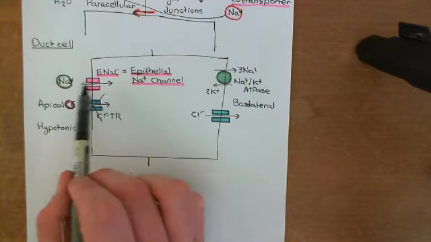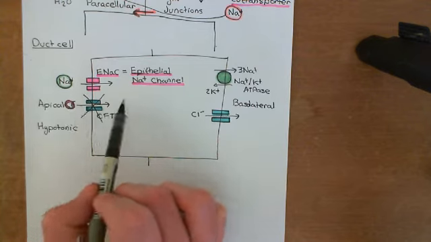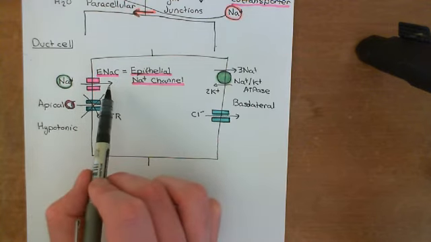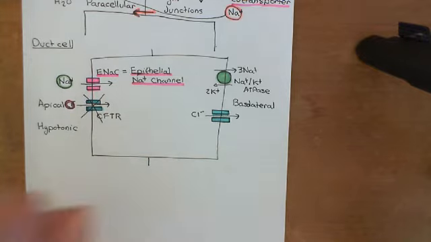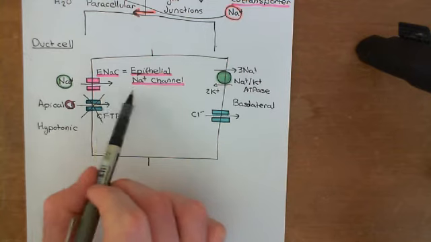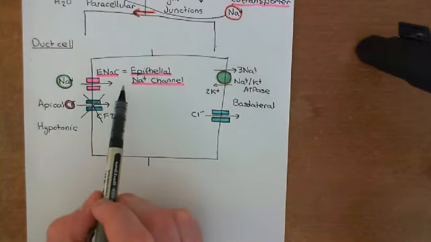You can't just bring positive charge from here to here. You have to bring a charged ion that will counterbalance the movement of positive charge. If you don't, then the sweat will just become more and more negatively charged as you move more and more sodium out, and that's not sustainable. That will build up very quickly and it will stop any further movement of sodium ions in.